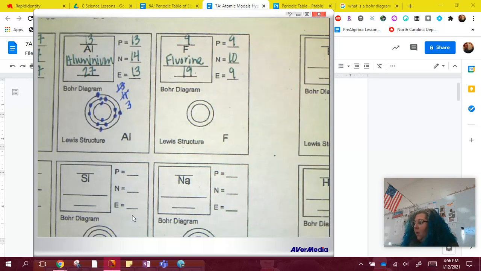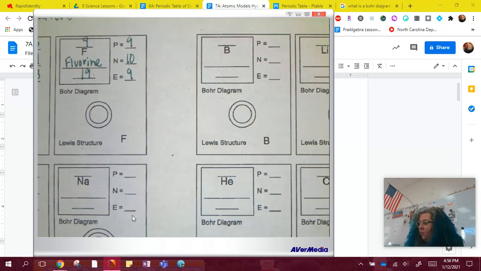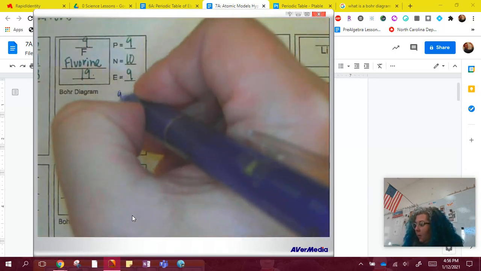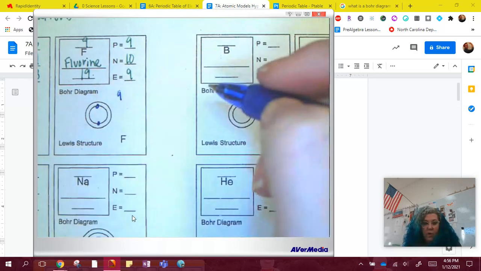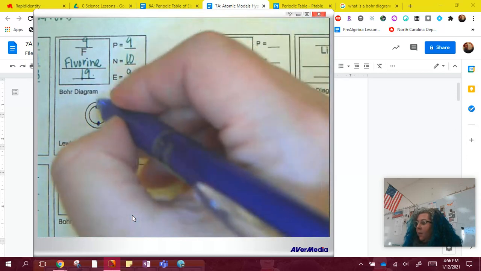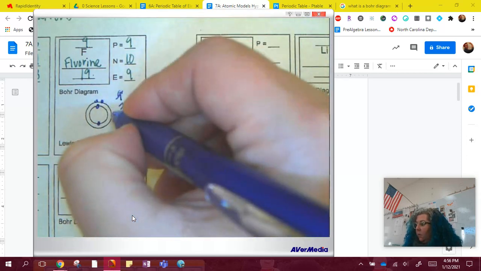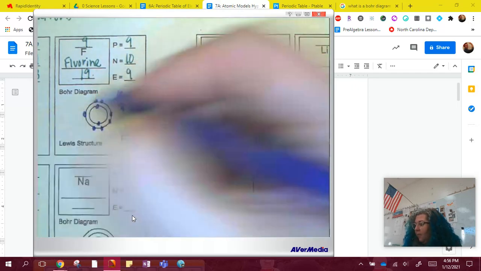Now let's try fluorine. Fluorine has 9 electrons total. Remember, only 2 fit in the first shell, so we have 7 left over: 1, 2, 3, 4, 5, 6, 7.